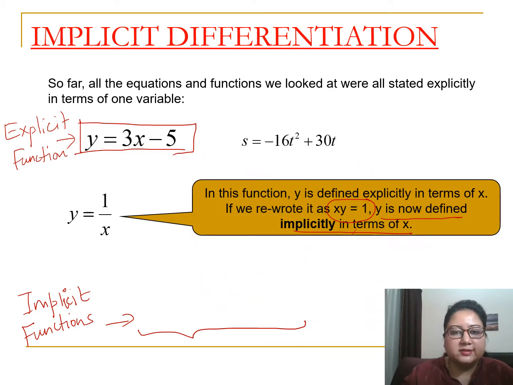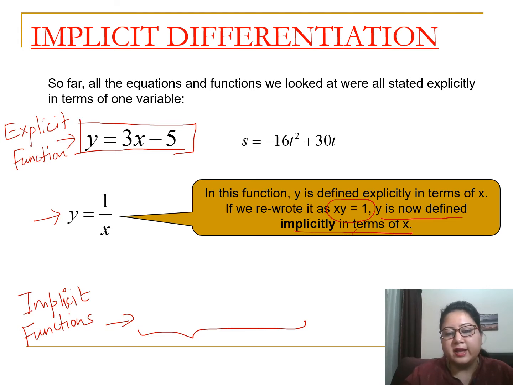But in this lesson, we are going to be focusing on implicit functions. So let's understand what is the difference between the two. If I'm able to write y equals 1 over x, then clearly y is in terms of x as defined, 1 over x. So this is an explicit function.